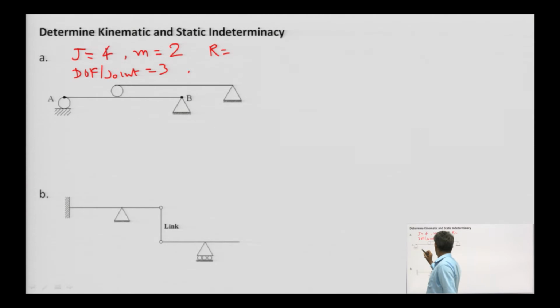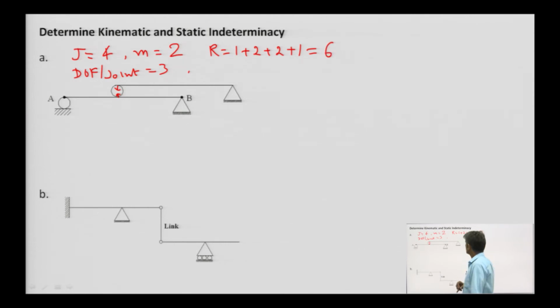So, 1 here, 2 here, 1 here, 2 here, 1 plus 2 plus 2 plus 1 more here, 1 more restraint. So, R is equal to how much? 6.